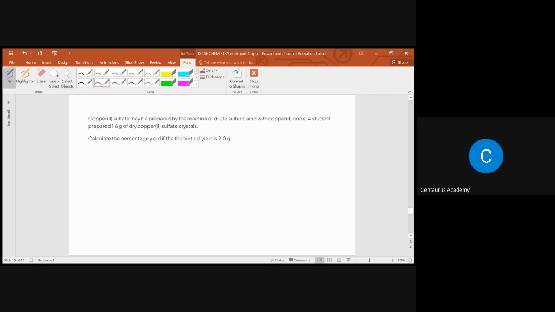For instance, if you look into this question, it says copper 2 sulfate is prepared by the reaction of sulfuric acid with copper 2 oxide. Okay. So a basic oxide reacts with an acid. A student prepared 1.6 grams of copper 2 sulfate crystals, and the percentage yield has to be calculated if the theoretical yield is 2 grams. All right. So what are you going to do here?